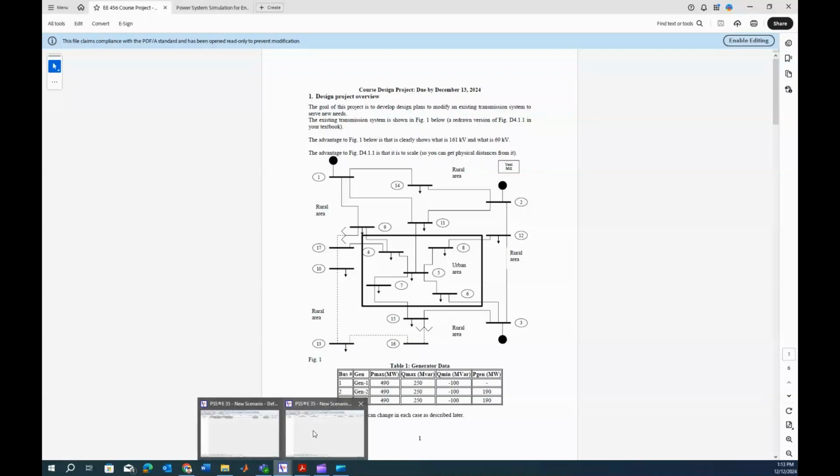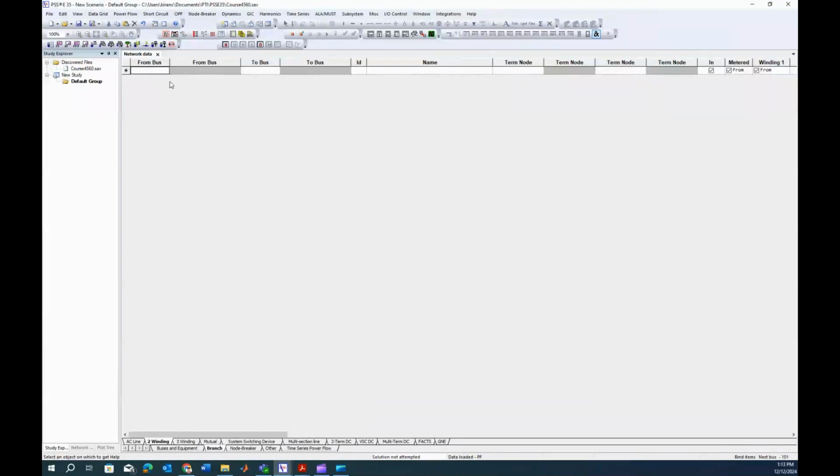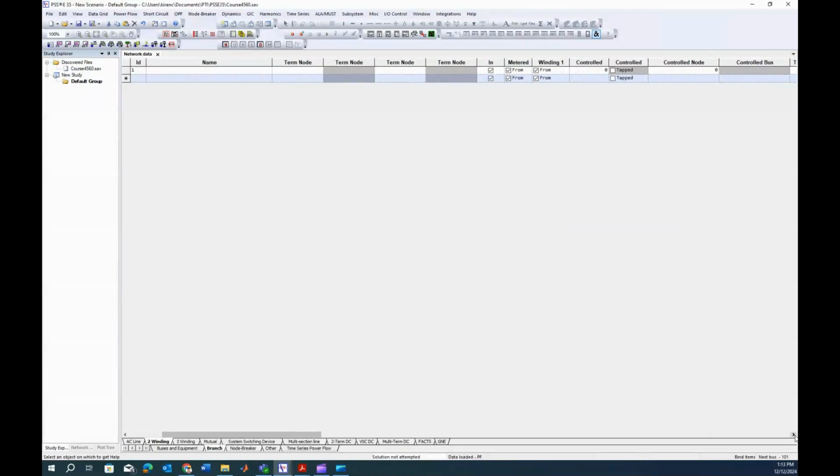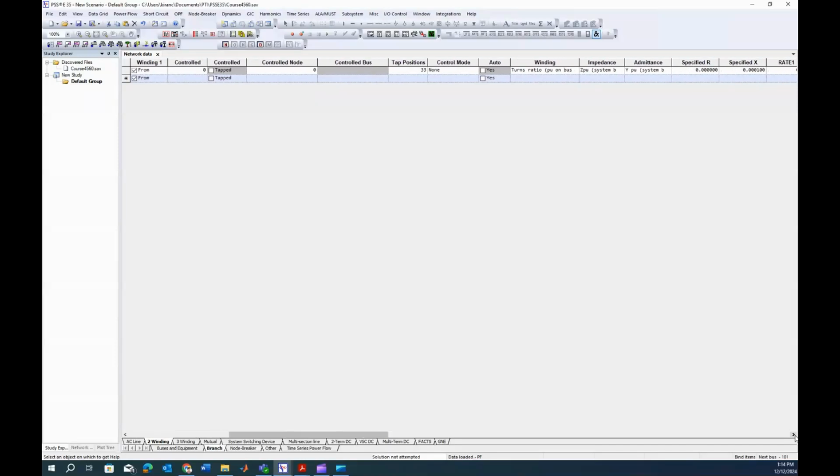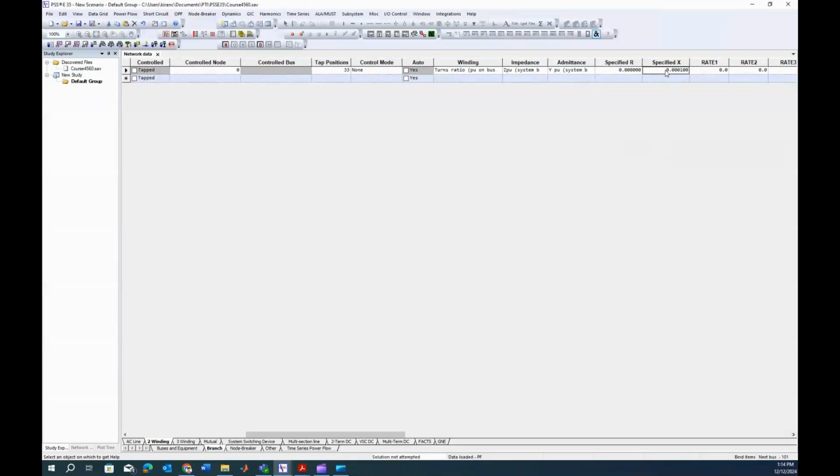So when you enter the information on the transformers, you have it between 9 and 17. You enter the from bus and to bus, then press the down arrow. It will auto fill the information about that particular transformer, and then you don't disturb any other information on the transformer, but you have the specified reactance of the transformer.